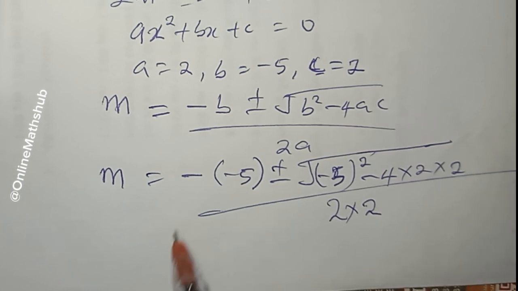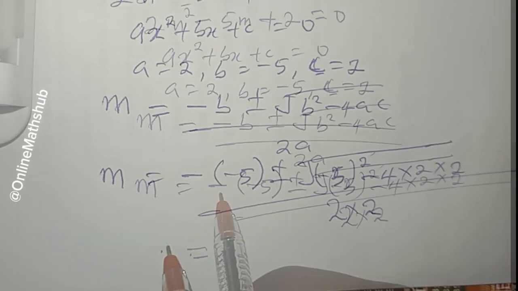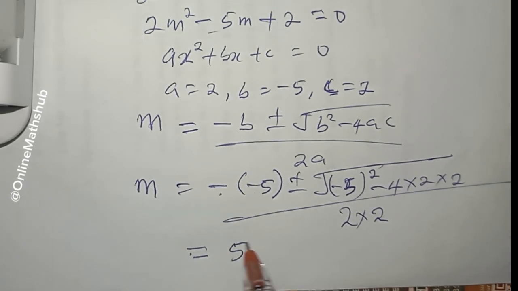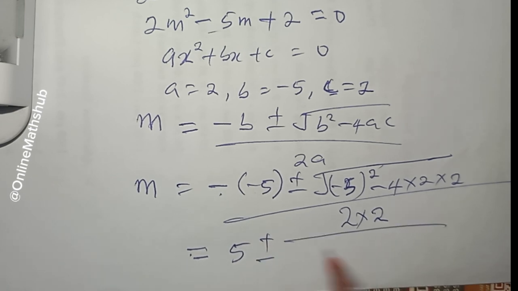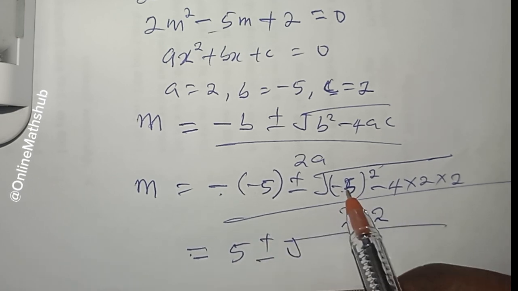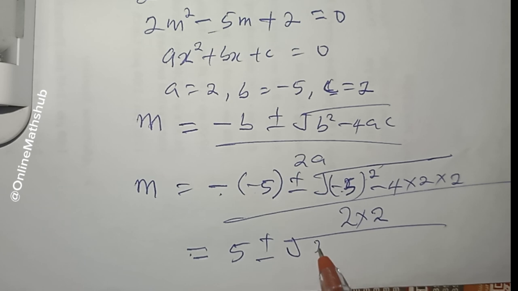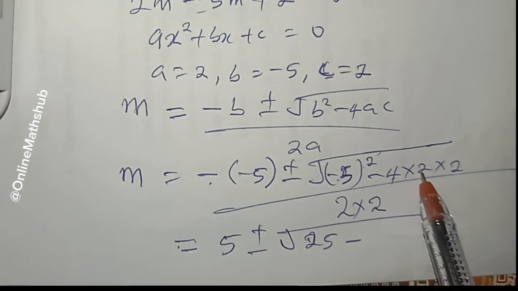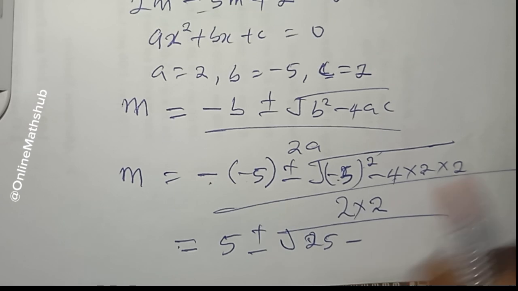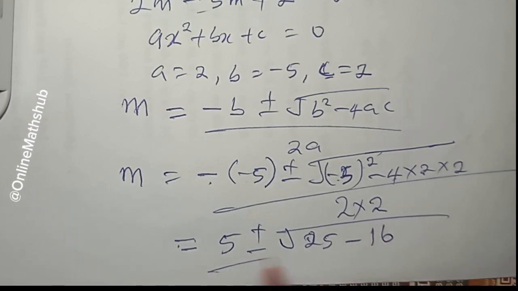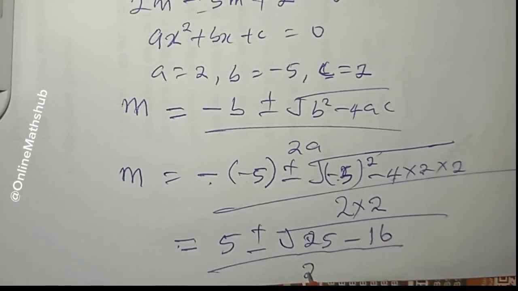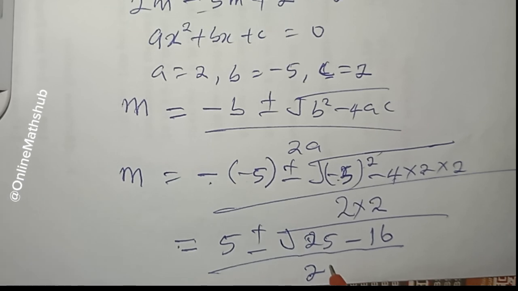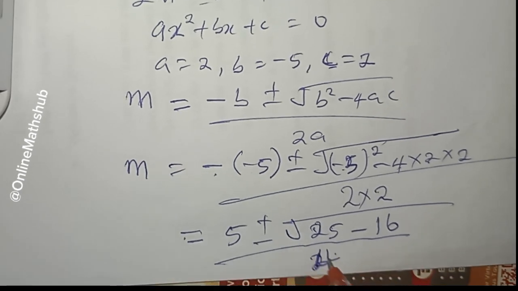Okay, so moving on, minus times minus will give me 5. Then plus or minus the square root of minus 5 squared, which is 25. Minus 4 times 2 here is 8, and then times 2, this is 16, all divided by 2 times 2 here, which is 4.